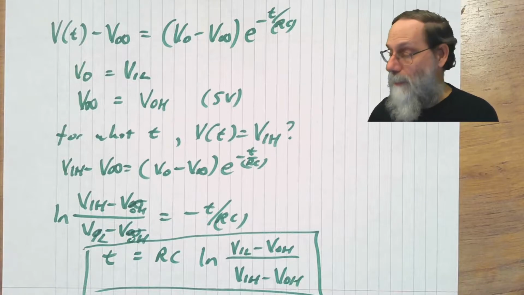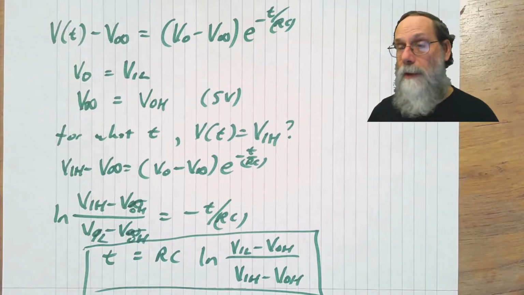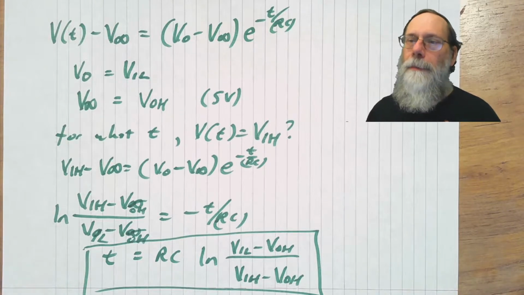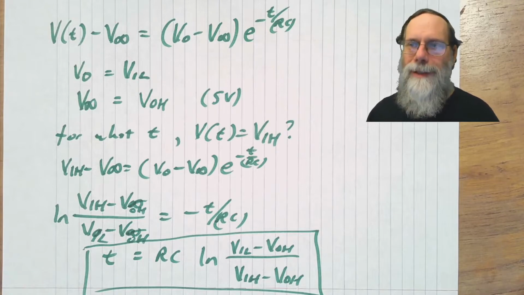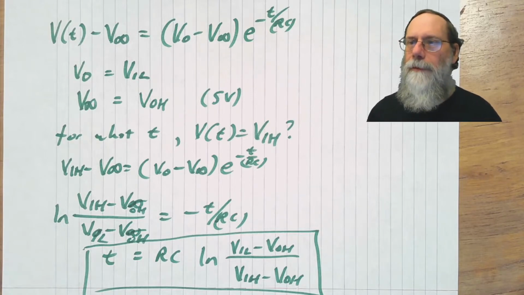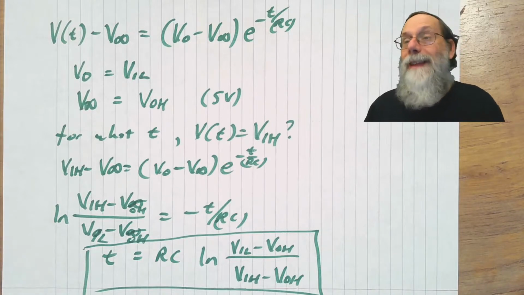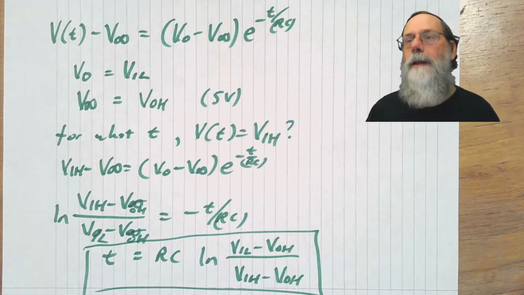When you add them together, you'll get, again, the RC time constant times some constant that just depends on what the threshold voltages and the input high and the output high and output low voltages are. So the period is going to be proportional to the RC time constant, but it's not equal to the RC time constant. This is a mistake that a lot of students make, is just saying, oh, I've got the RC time constant, and that's going to tell me the period. What you've got is something proportional to the period.